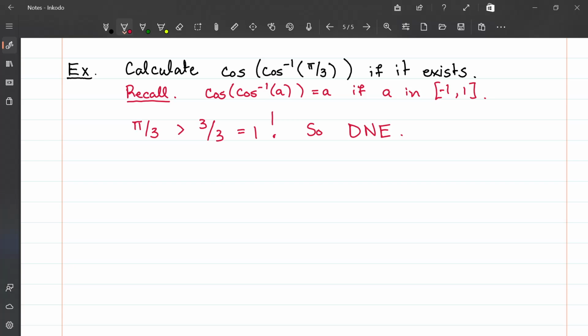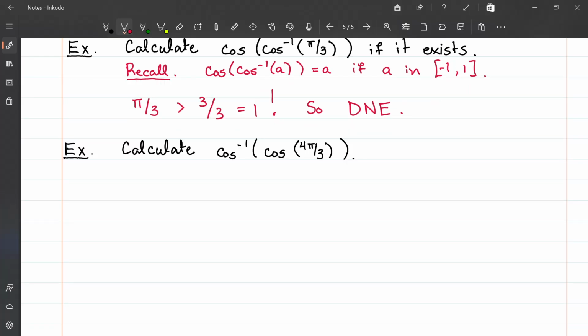Here's another interesting problem for you to work with. This time, we want to calculate cosine inverse of cosine of 4 pi over 3. Now, at this point, many of you probably looked at the problem and said, oh, obviously, the answer is 4 pi over 3. But in fact, this is wrong. It is not 4 pi over 3.